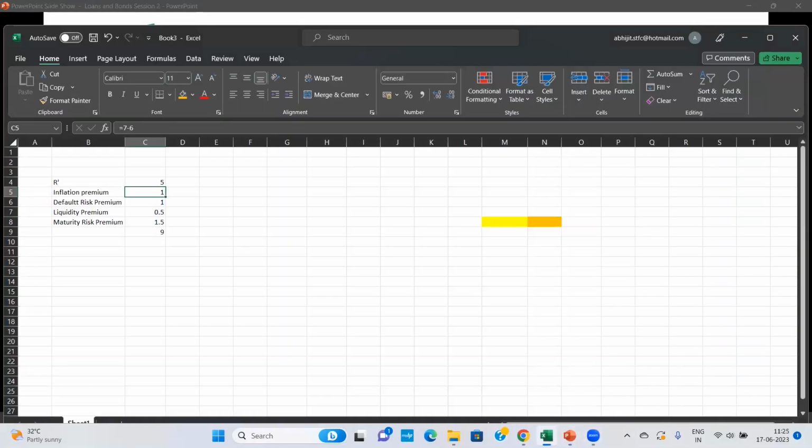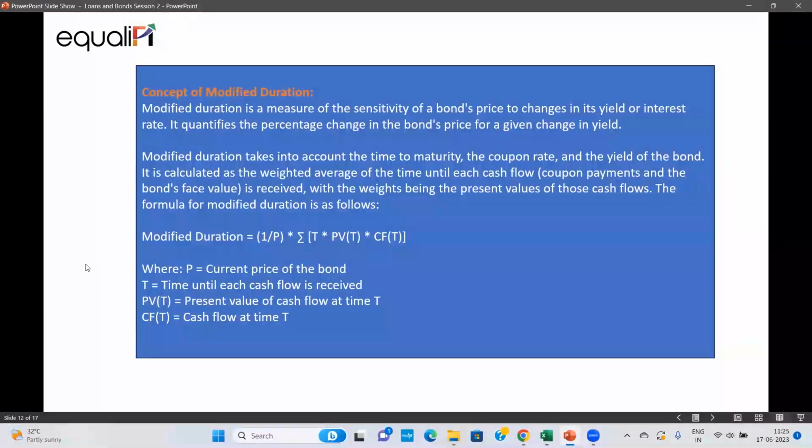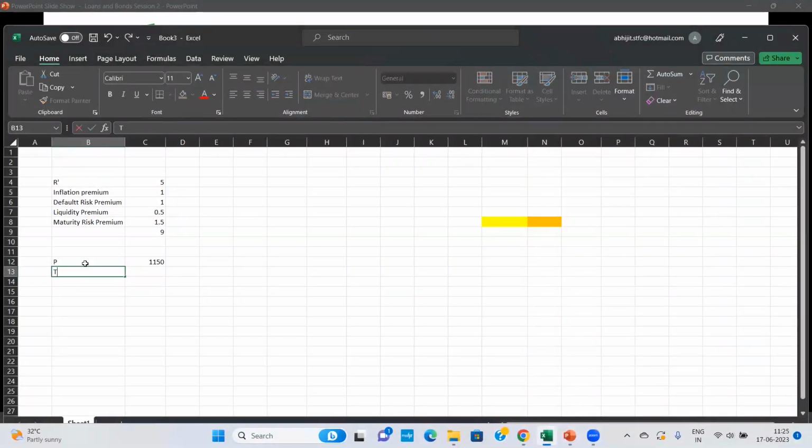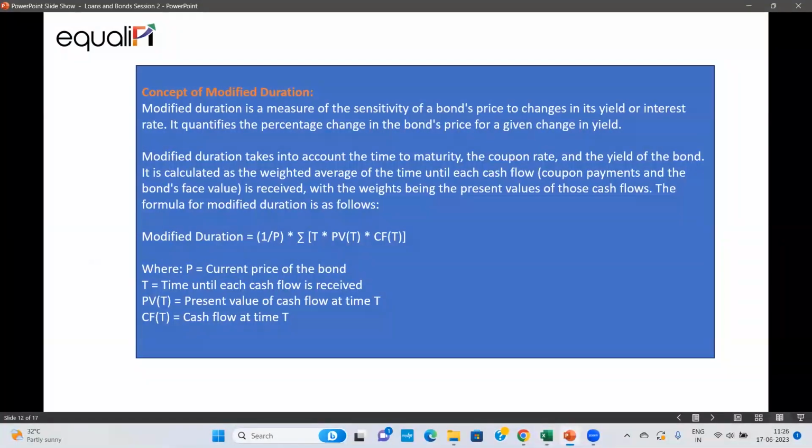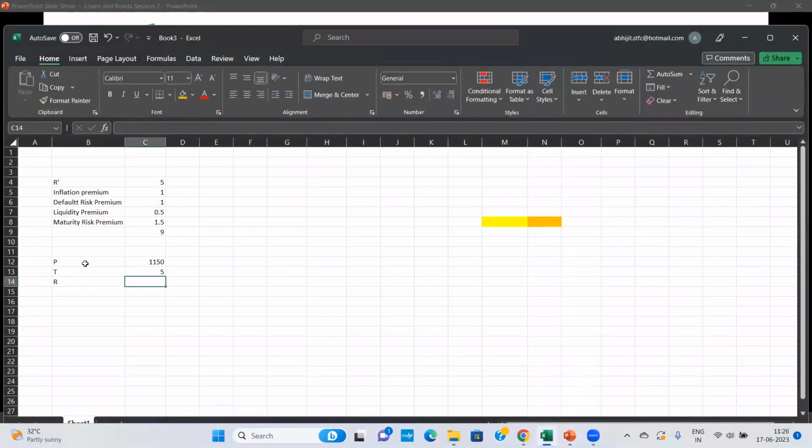Current price of a bond is 1150. P is 1150, right? T is 5 years. And say R, or the coupon rate, is 6%.